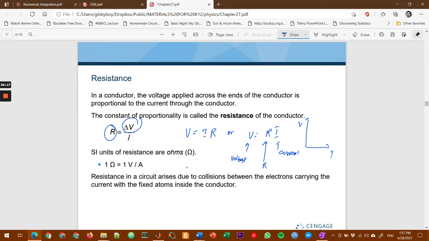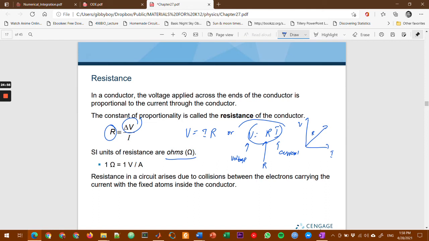Because of this equation, because it is linear, it is a straight line, and the constant of proportionality or the slope of that line is R, or the resistance of that specific material. So that's why we have R equals delta V over I. And the SI unit of resistance is what we call the ohm. Or in symbol, we have omega. Okay. 1 ohm is 1 volt per amp.